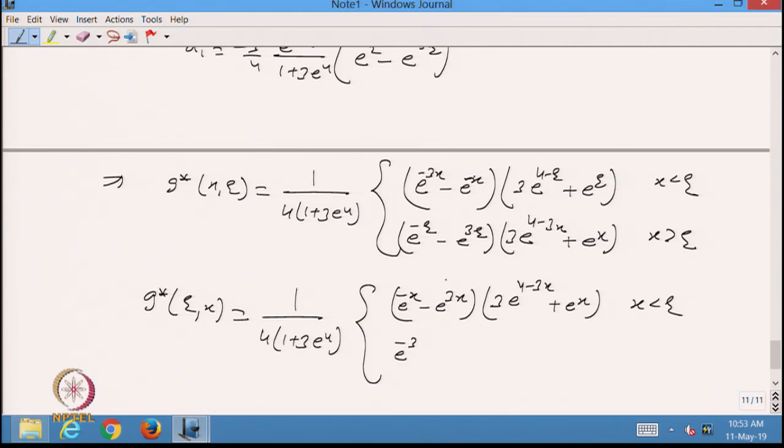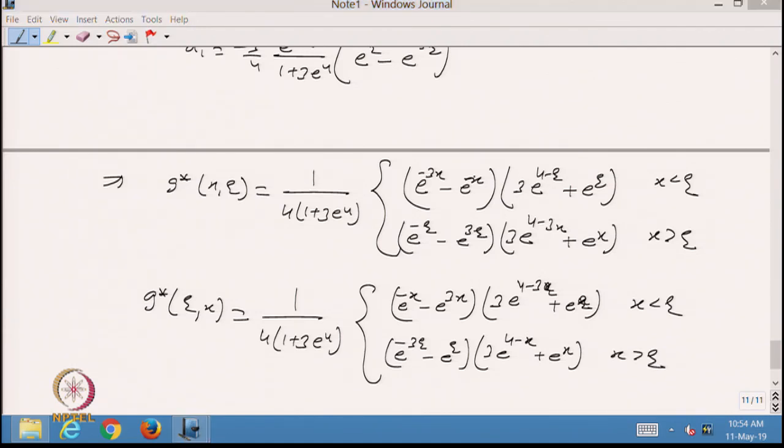so this will be x and this will be xi, and it should be e raised to minus 3 xi minus e to the 3 xi, times 3 e to the 4 minus x plus e to the x when x is greater than xi, and then it should be the same as the g value.